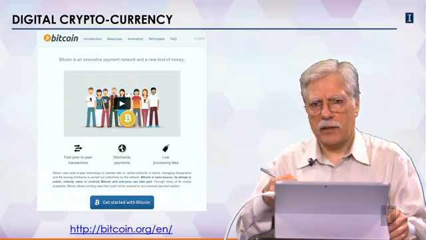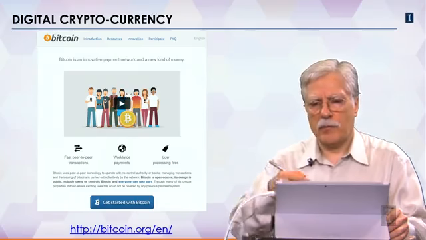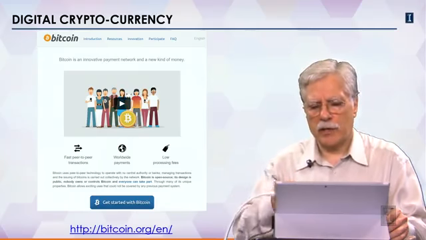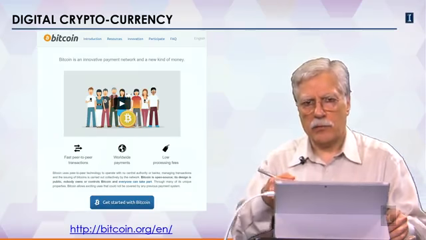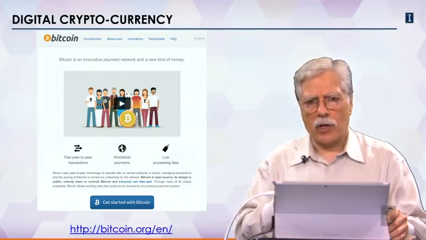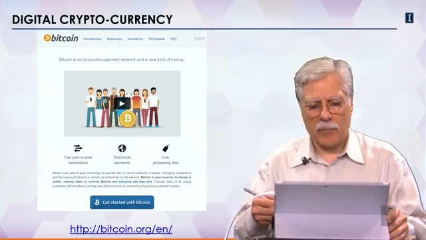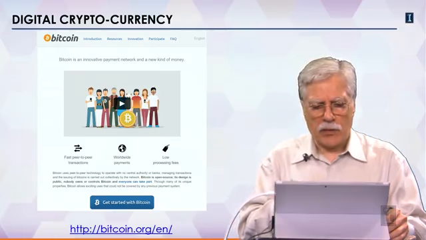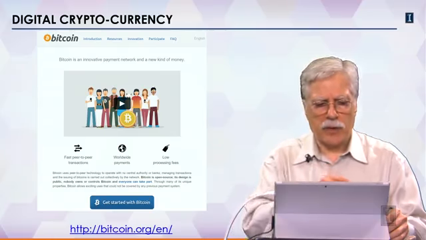A lot of people think that the value of money comes from the value of gold behind it. That's not true. We are working nowadays, and it's been going on for a long time, with fiat money. This is money that is created by the government. Nothing is backing it.